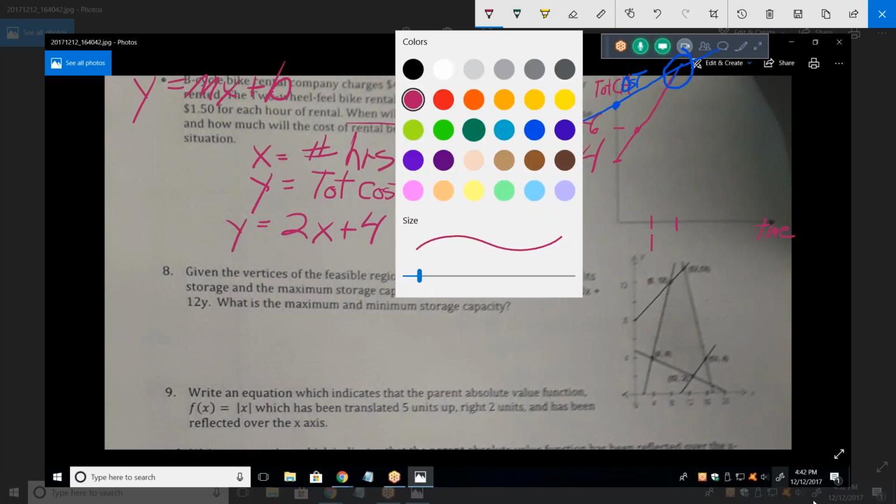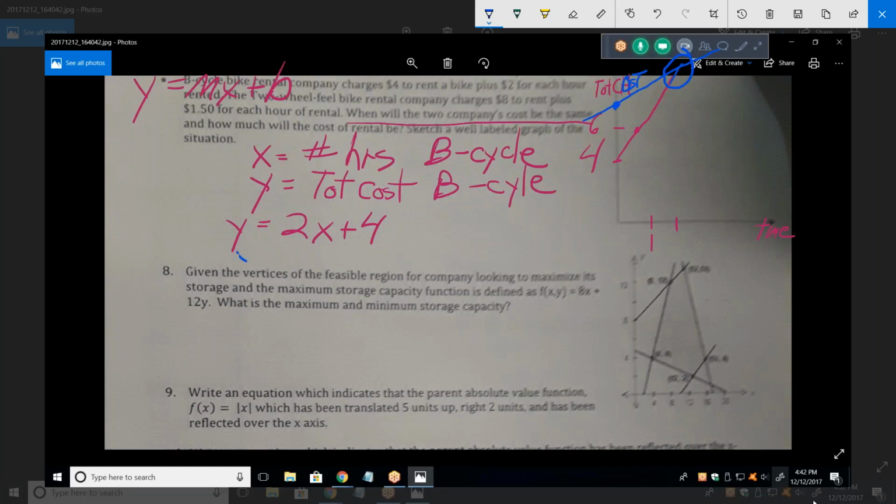Now, give me the equation of the blue line. 1.5x plus 8. Oh, it was 8. Excuse me. That's 8. I had to reread the problem.